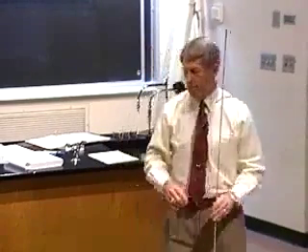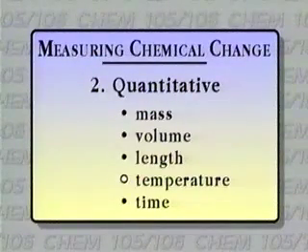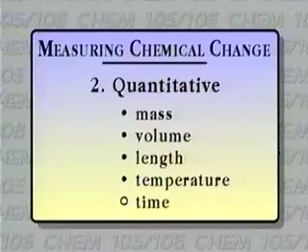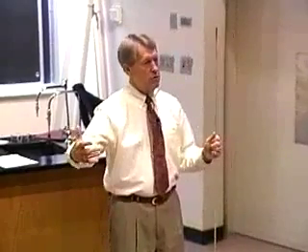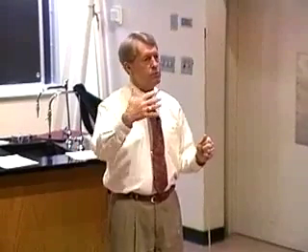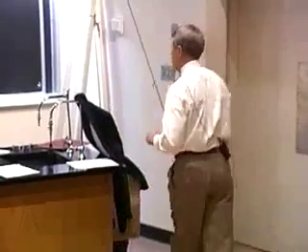So measuring temperature. And then, of course, time. If we're talking about, for instance, later on we'll talk on a chapter of what we call the rates of chemical reactions. And that's going to involve time. How fast is something produced? Moles per second, moles per liter per minute. So time is a measured quantity.